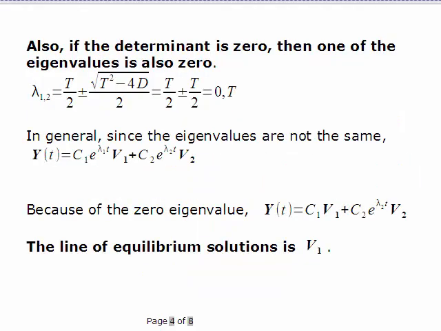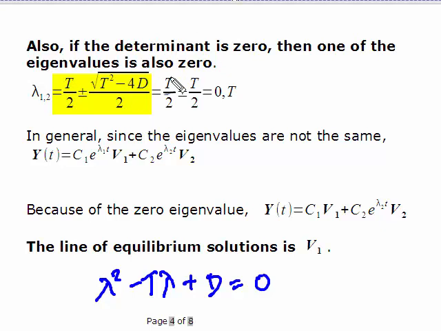So the reason that this is mentioned is because if the determinant is zero, then one of the eigenvalues is also zero. So let's look at the quadratic formula for the eigenvalues. Remember the characteristic equation was, so if we solve it by means of the quadratic formula, this is what we get right here.